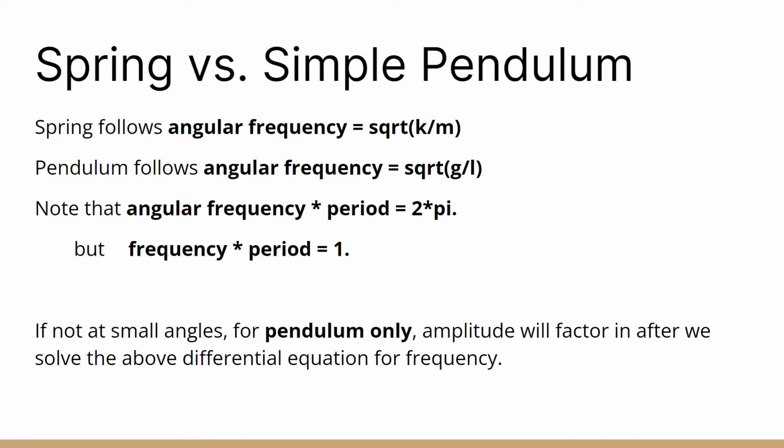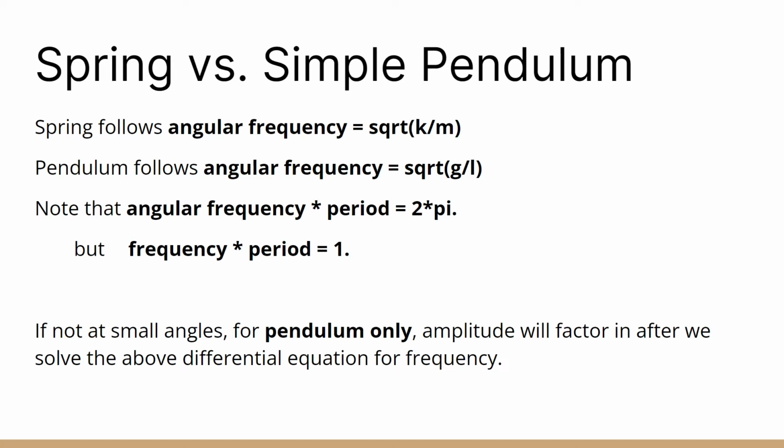Notice how these formulas aren't too complicated. You don't have to take into account many other factors, right? Basically, just some key characteristics that you can't really modify if you were to make a physical setup of the object. And also note that when we talk about angular frequency, we're saying that the value times period is equal to 2 pi.